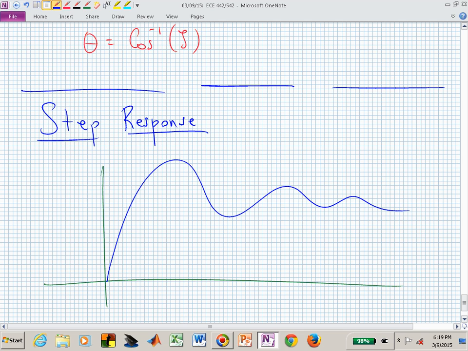It's going to go up and bang around a little bit. Let's say that this is y of t, and just humor me and assume that's where we finally go with our output y. That's the final value of y.